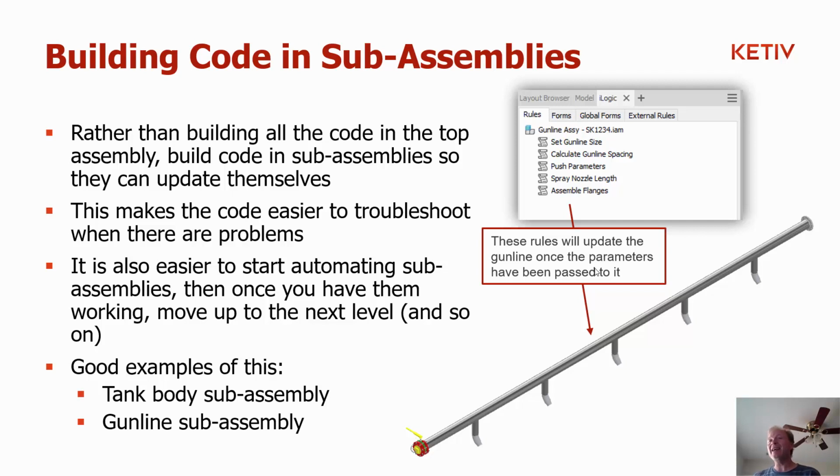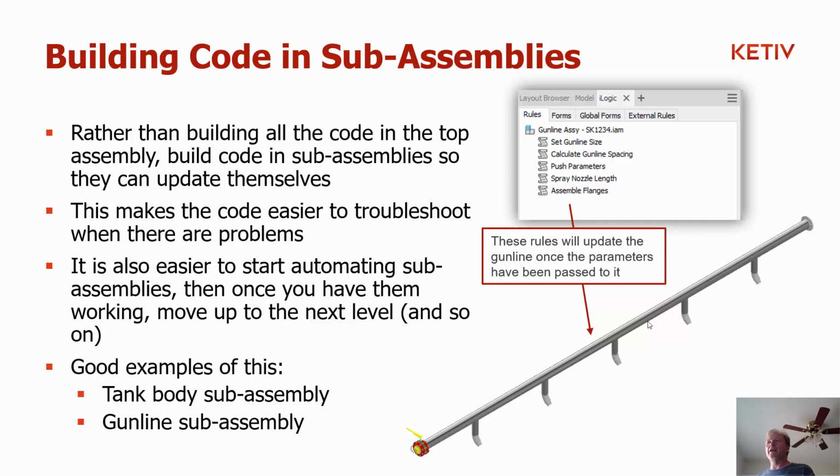Then I bring it into my top level assembly and I build my top level assembly code that basically creates my new gun line assembly and passes the parameters, and I let the sub-assembly do all of the work itself. This makes code easier to troubleshoot when there are problems because if my gun line assembly isn't updating right, I know I need to go to my gun line sub-assembly, find out what's going wrong, and fix it.